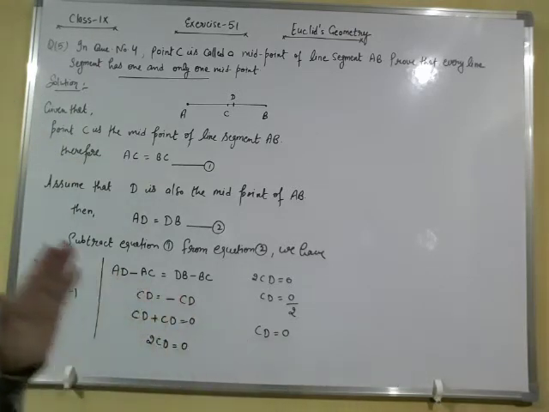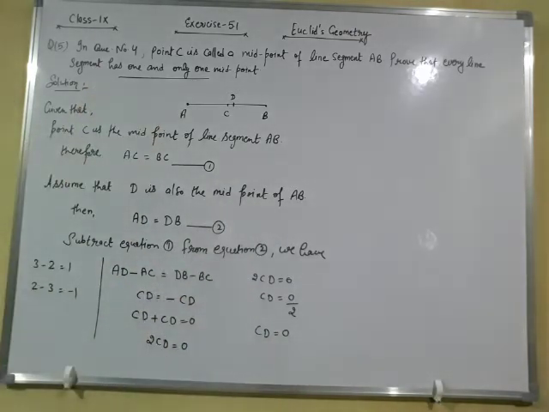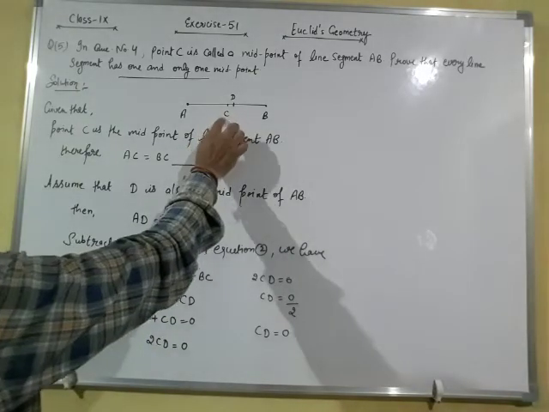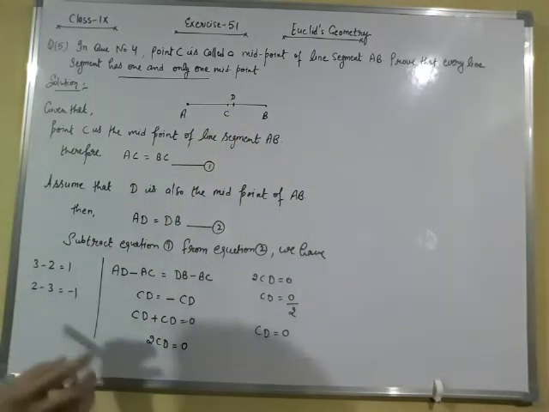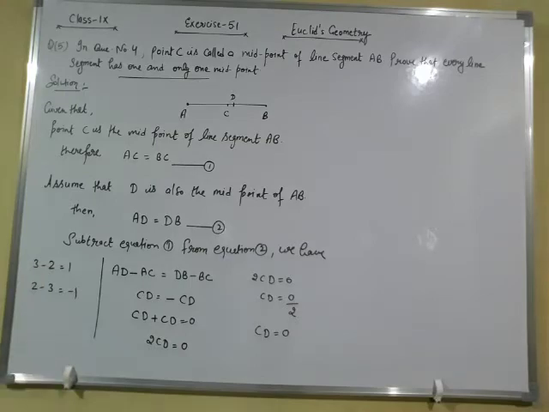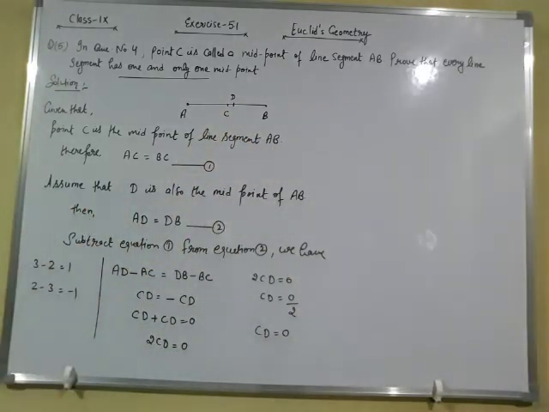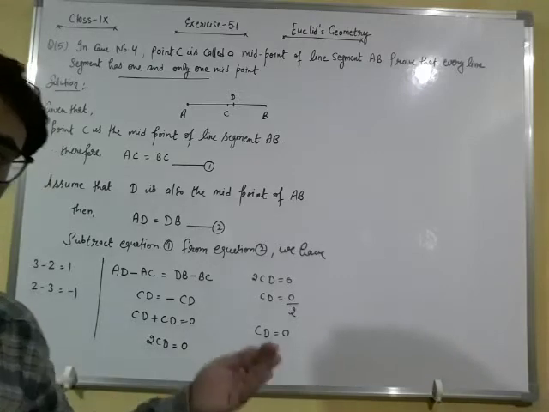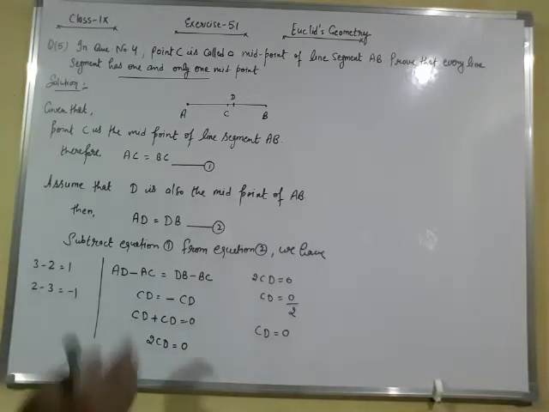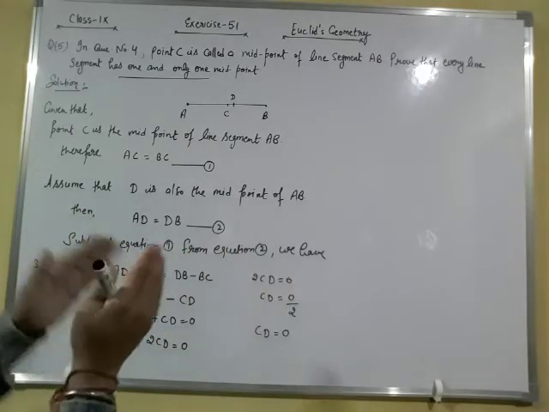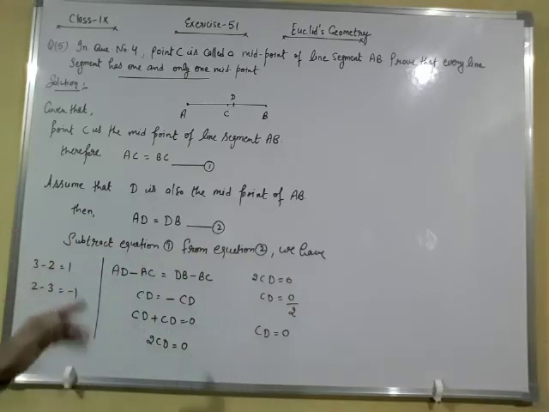What is CD? You have to observe from the diagram. CD is the distance between point C and point D, and it has become equal to 0. If the distance between the two points is 0, what will happen?